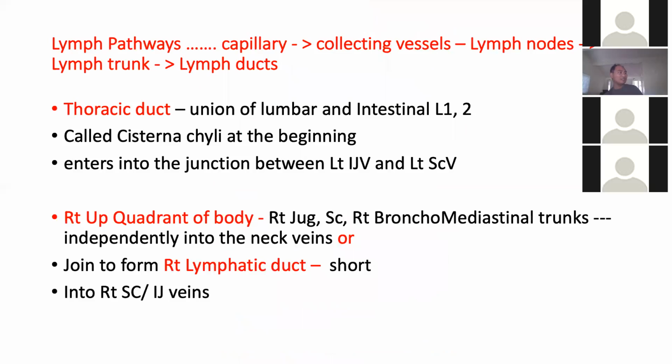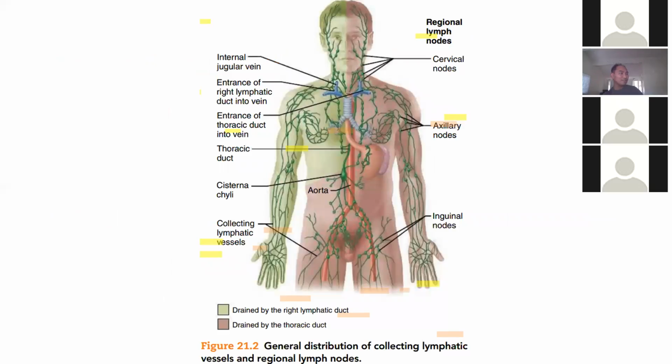So cisterna chyli is the formation between lumbar lymphatics and intestinal lymphatics. Everything inside the abdomen, all the lymphatic drainage from the stomach, small intestine, large intestine, passing the lymph nodes, and from the posterior abdominal wall, the lumbar lymphatics, they will all march together and form this little bulge.